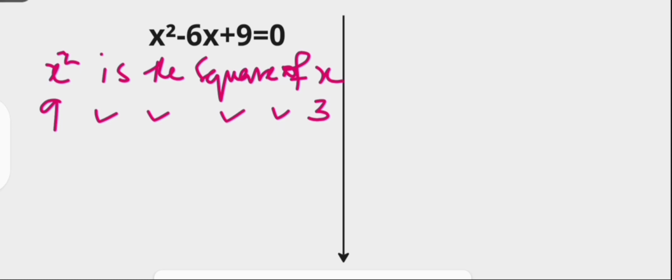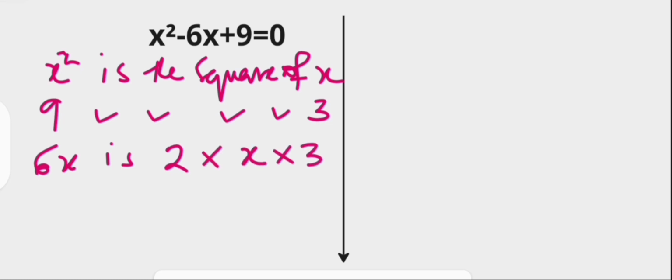Then the middle term, 6x, is twice the product of x and 3. Anytime we have a situation like this, the expression factors out as a perfect square, with the sign before the middle term giving us the sign in the bracket.